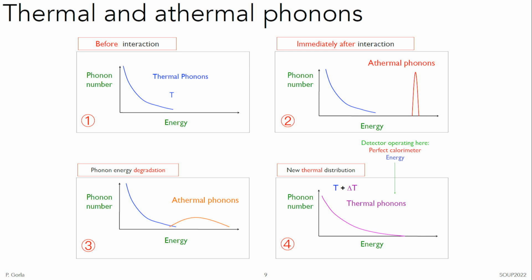I was saying that even though this distribution contains a lot of information about the type of radiation and interaction, it's very difficult to profit from this information, because when you start to be sensitive, most of the information has been averaged away by reflection and decreasing of energy. So here is where your typical phonon sensors are operating.